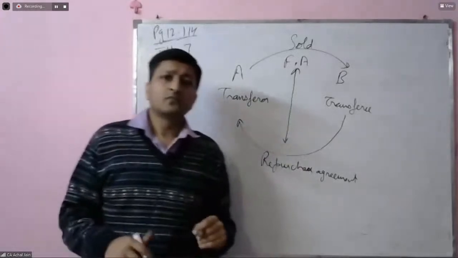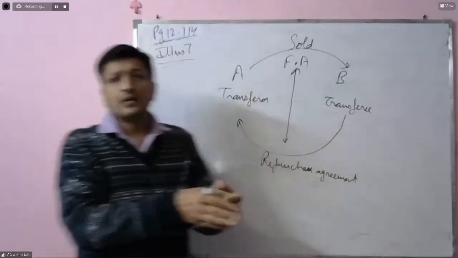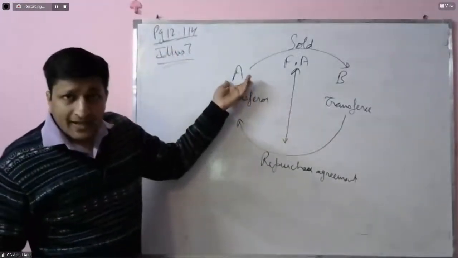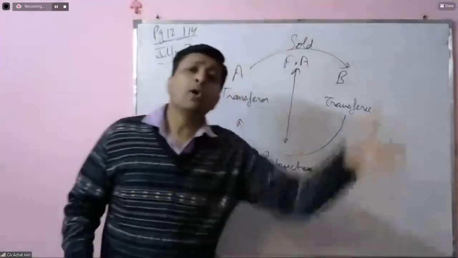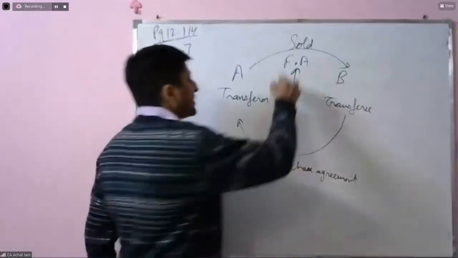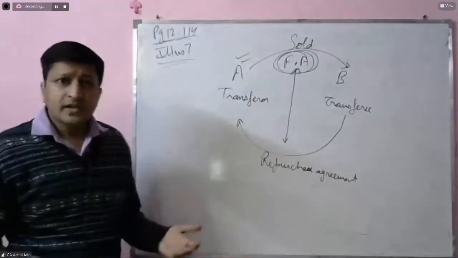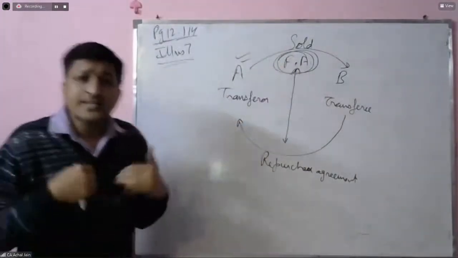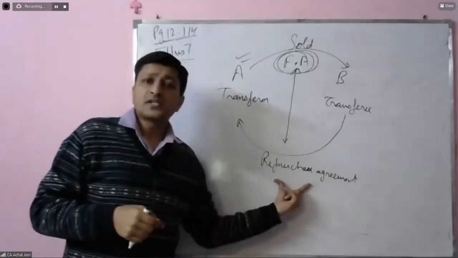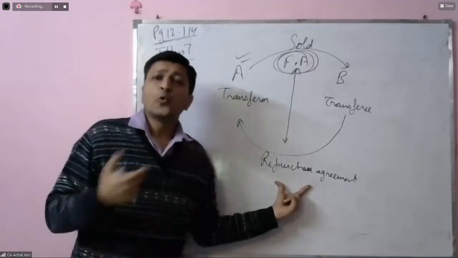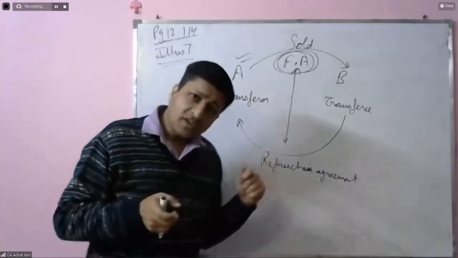No. Why? Because this asset is coming back to A. A has not transferred substantially all the risk and rewards which are attached to this financial asset. These continue to remain with A. Even though the sale has happened, A has a right to purchase it through this repurchase agreement. So who is having the risk and rewards? It's A.